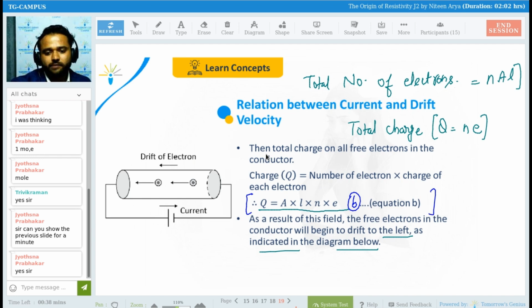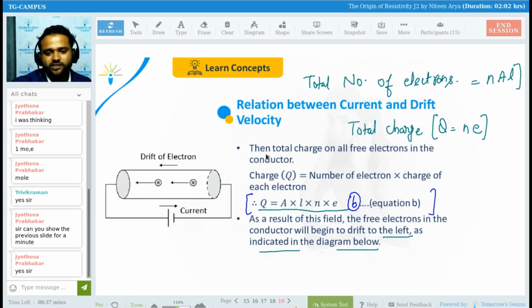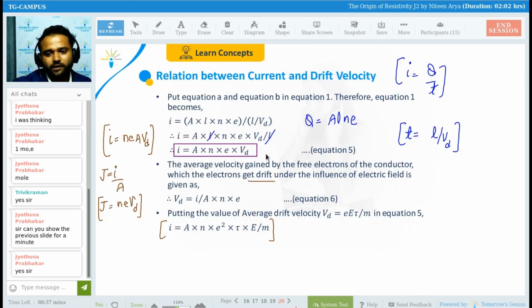Now putting equation A and B in equation number 1. This is your equation number 1, I equals Q by T. Because this is a newly learned concept, we can write equation A and B separately to make this easy.